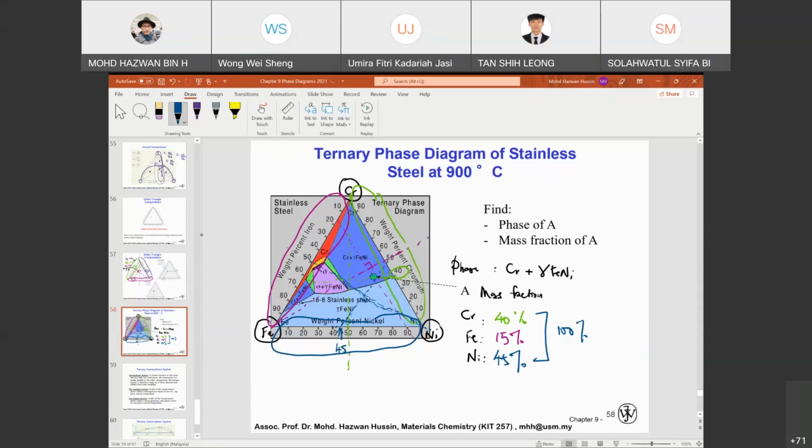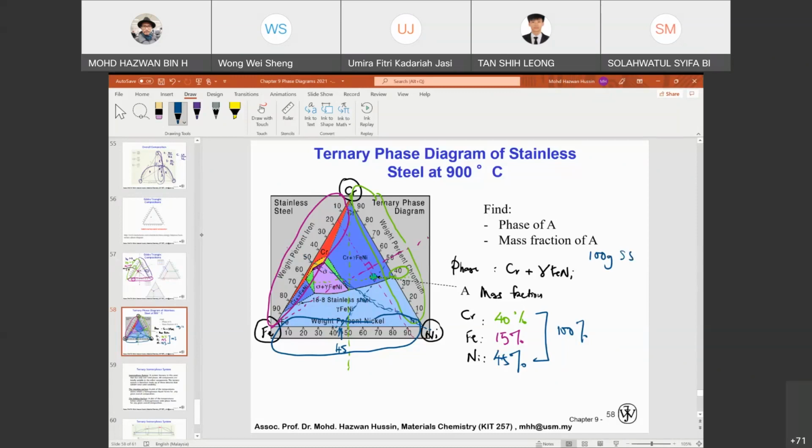So another question is, let's say that I ask you, given, for example, 1 kilo, or 100 grams of maybe stainless steel, SS. What will be the mass fraction at point A?